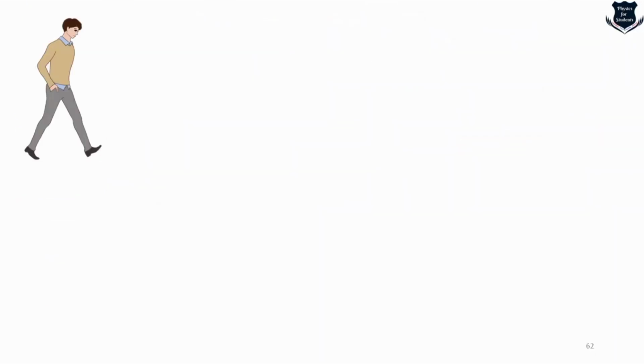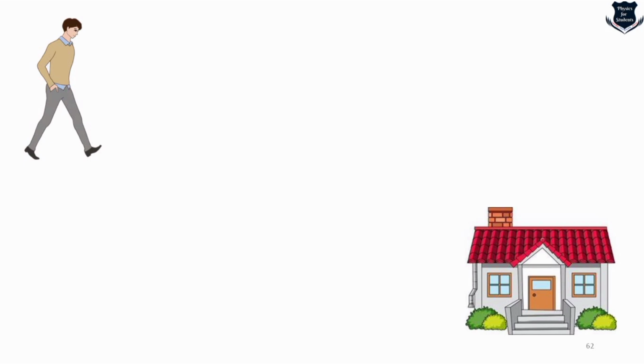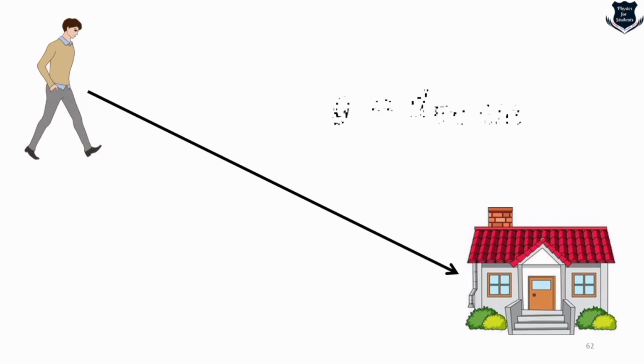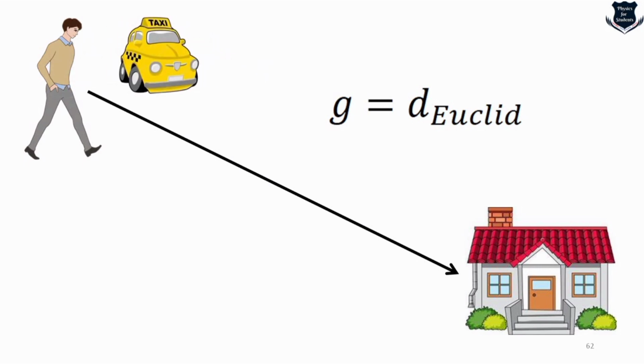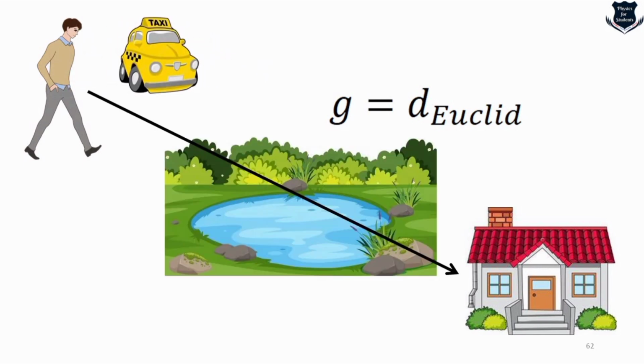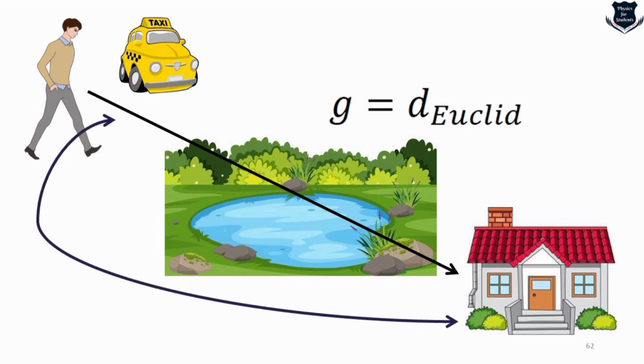Further, if I am standing here and this is my sweet home, then I can take a straight path reaching my home, and I name it g equals d Euclid, because we are using a Euclidean formula just to go straight. Now if I take a taxi or a cab and I have got a pond in between, I will take a different path reaching here, right?